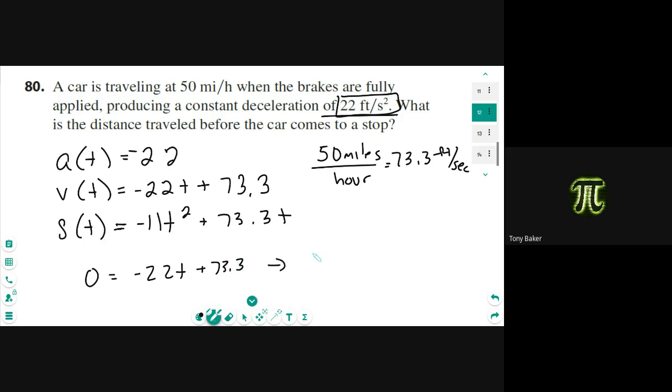So I've got 73.3 over 22 equals t, which is approximately what? 3.33? 3.33333. Yeah. All right.